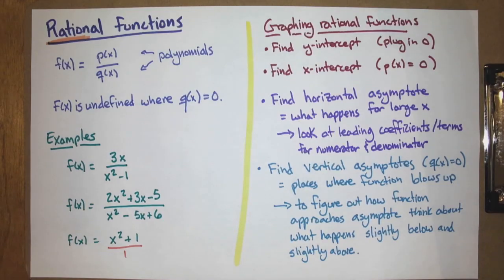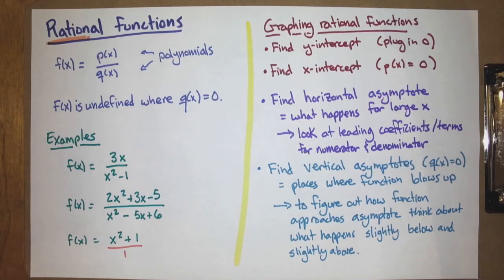All right, now the question, how do we graph? Because in some sense, the graph should help us understand the behavior of the function. So how do we go about graphing rational functions? There's a couple things we can do, which are pretty straightforward. We've talked about finding y-intercepts, where we hit the y-axis.